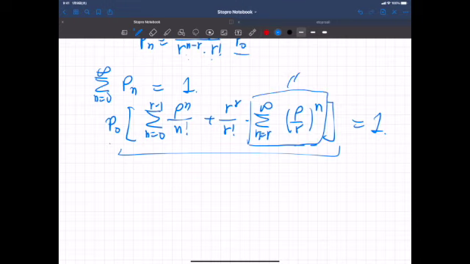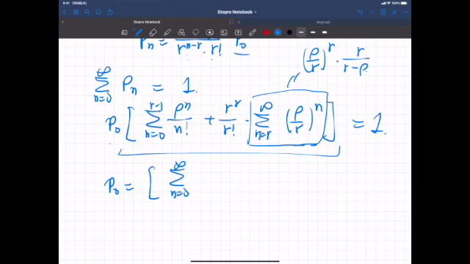This summation should be equal to rho over r, over r minus rho. Yeah, this should be it. And so it can be simplified a little bit. So we have, after all, p0 equals this summation. Not infinity here, so it's a finite summation. That's what makes it so ugly.